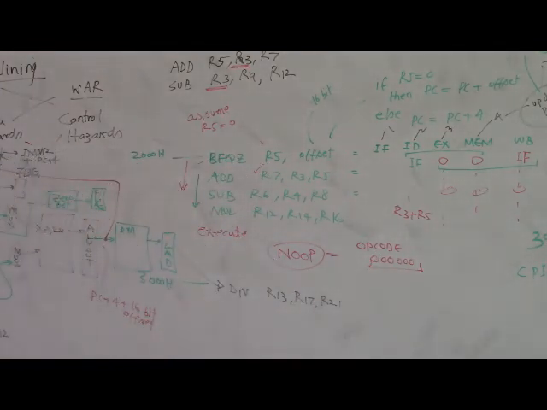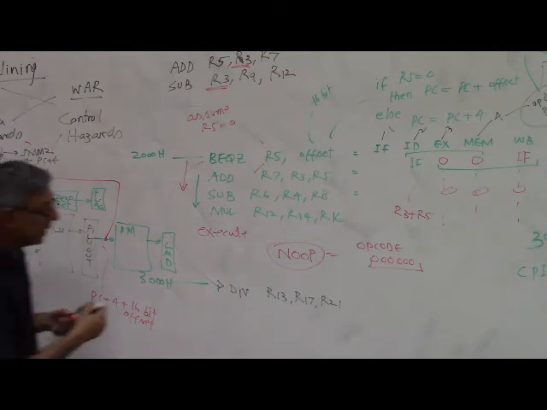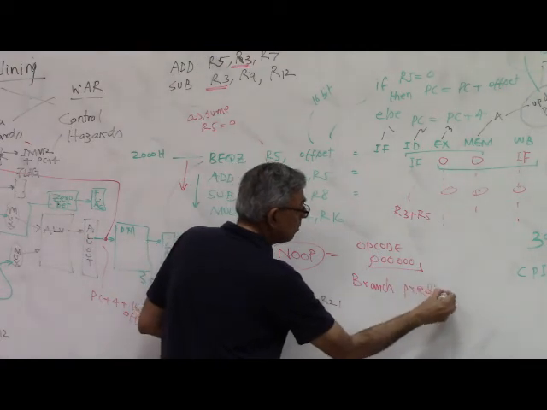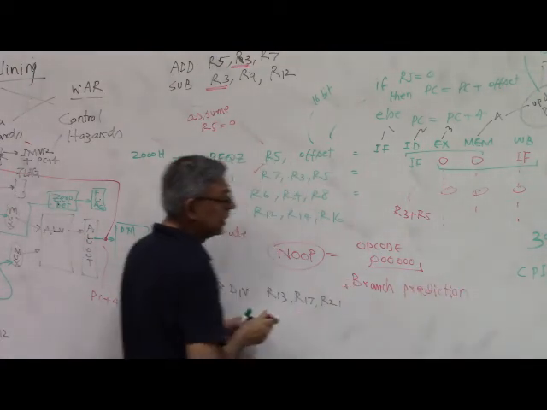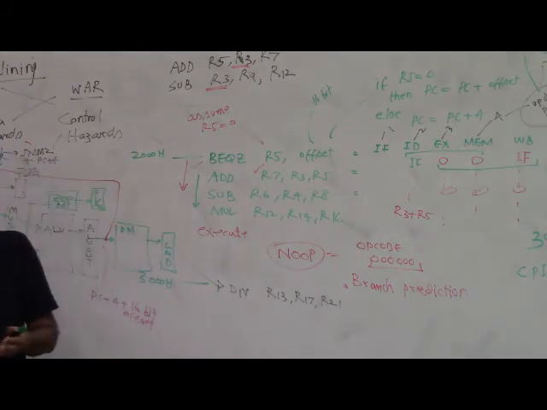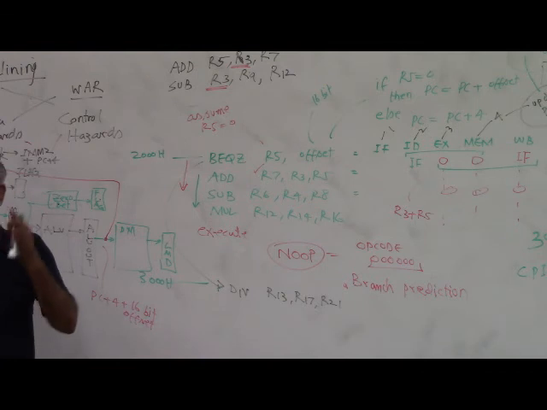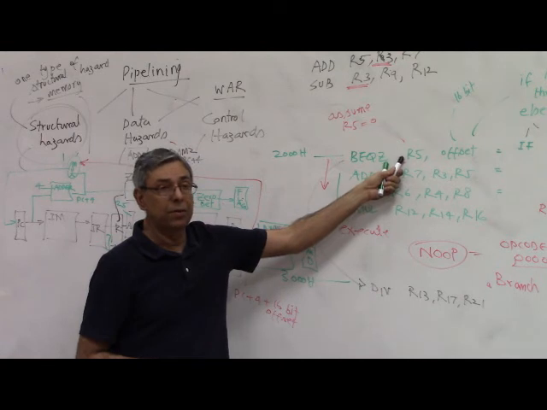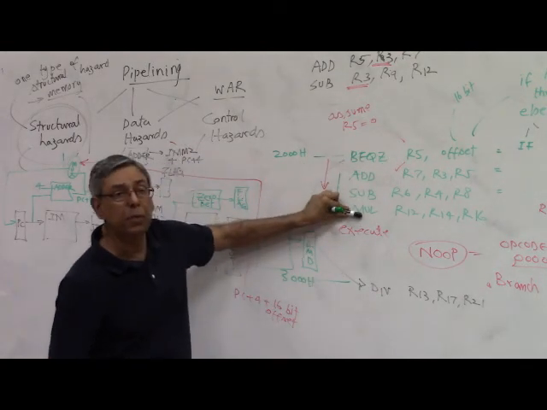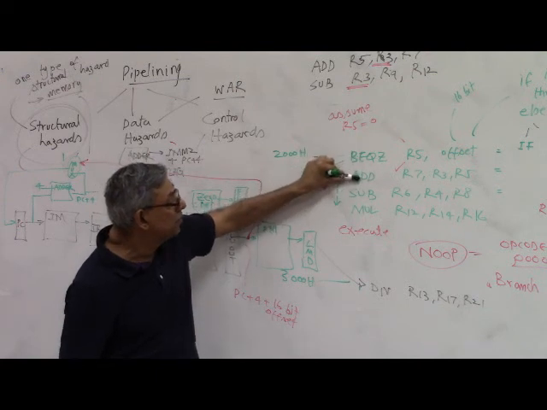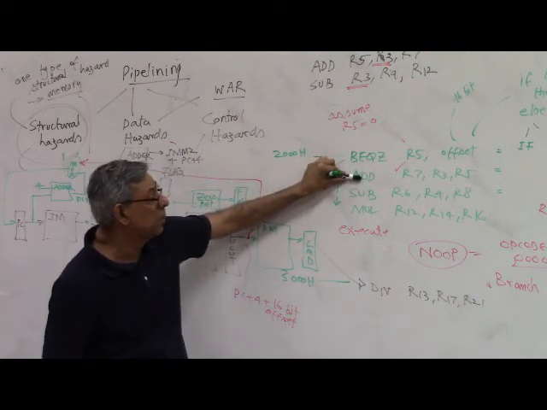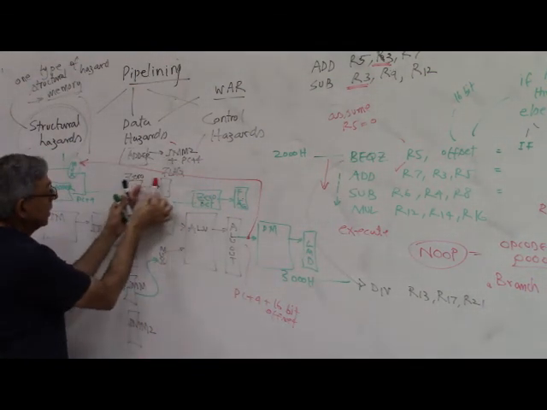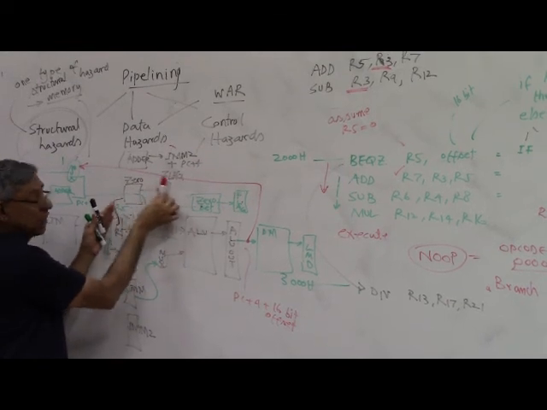So here the basic idea is like this. This is called branch prediction. I'll go over it again, but let me at least give you an initial idea of it. In branch prediction, we are basically gambling. We are saying the branch will not be taken, meaning R5 will not be 0. So we'll just continue to execute the normal pipeline. As we go through the third cycle, we find out, oh no, R5 is in fact 0, because we have provided extra hardware here so that we can detect earlier if it's 0 or not.